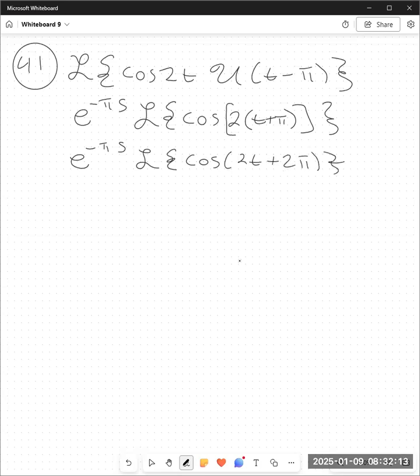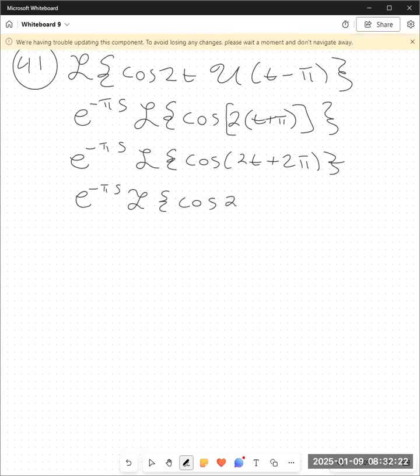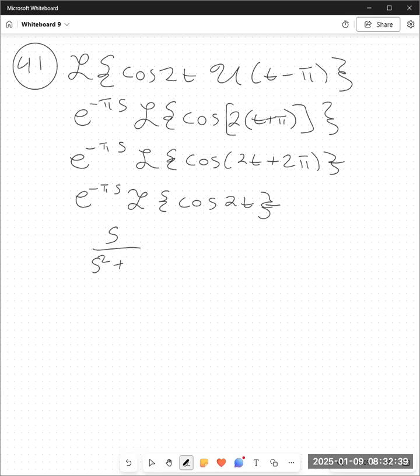We know the period of cosine is 2 pi, so this is Laplace transform cosine of 2t. They're the same thing. So that makes this s over s squared plus 4 times e to the negative pi s.